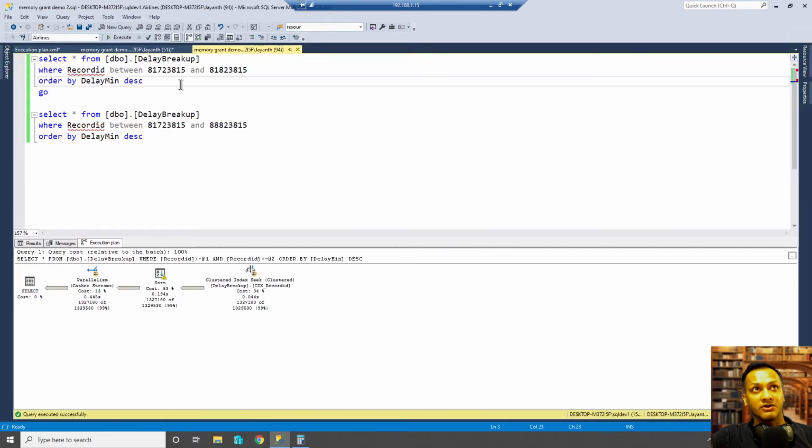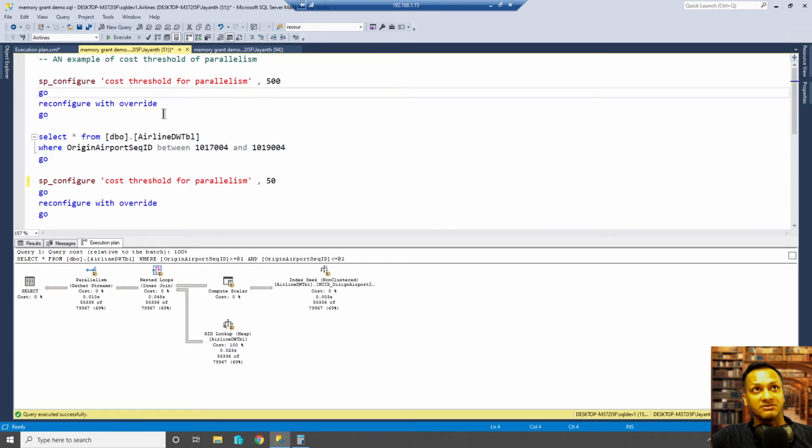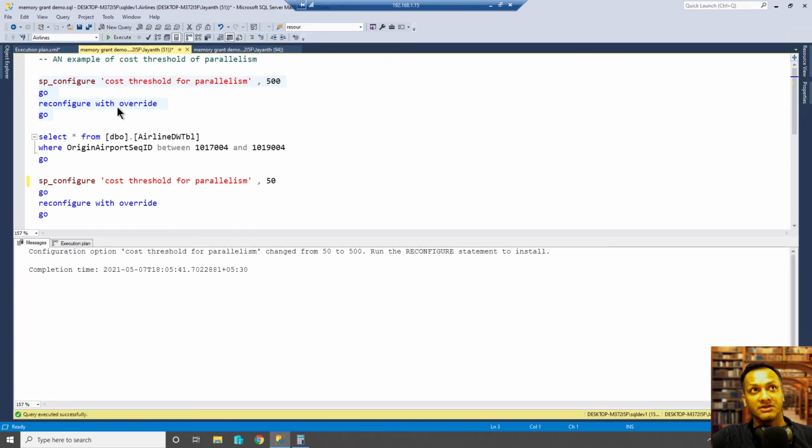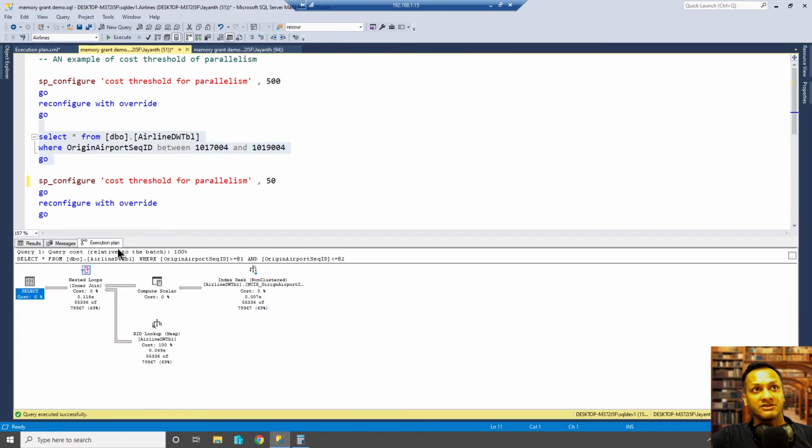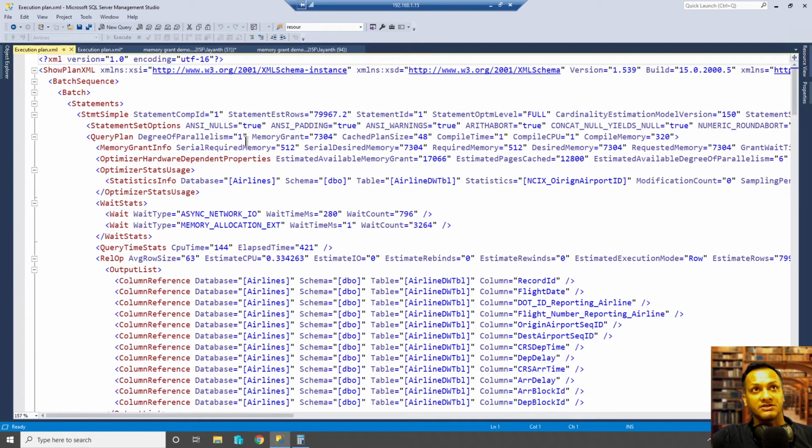Now I'm going to change the max degree of parallelism over here to 500, which is a pretty big value. So I'm assuming that when I run this query again, it's not going to go into parallelism anymore. When it finishes executing, you can see that there is no parallelism operator anymore. If I go into the execution plan now, you can see that the degree of parallelism is 1, and the memory grant is approximately 7 megabytes.